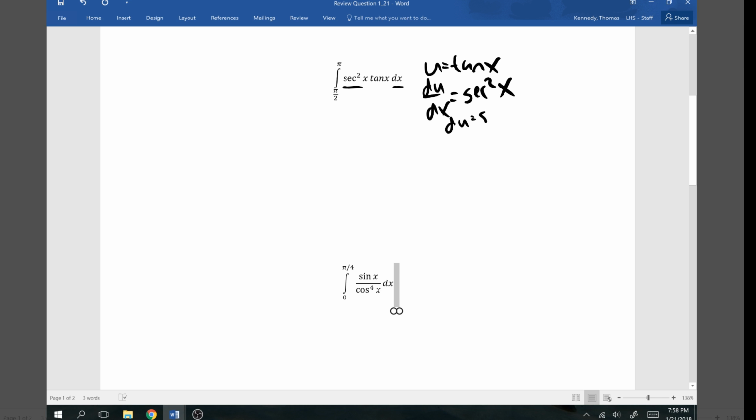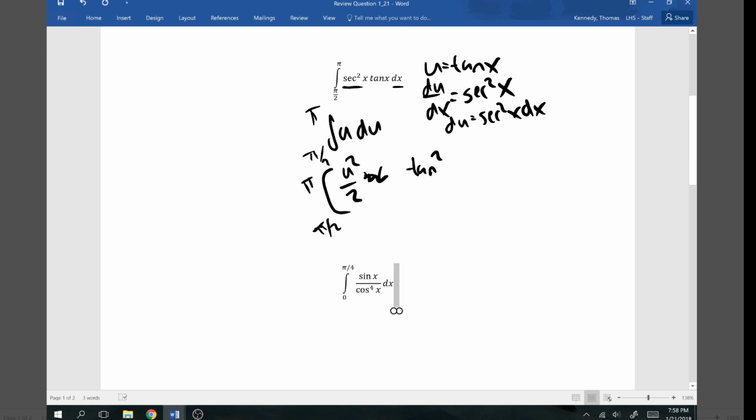We get du equals secant squared x dx. And this is just the integral of u du from pi over 2 to pi. We raise the power by 1 and divide by the new power, u squared over 2. I don't need the plus c because I have bounds. And I plug in what u is, tangent, so I get tangent squared x over 2. And that's what I'm plugging pi over 2 and pi into, and getting the answer.